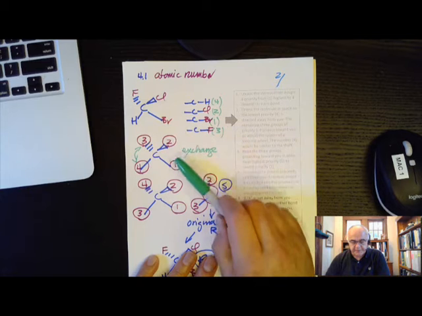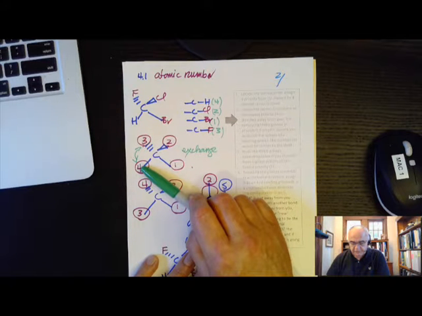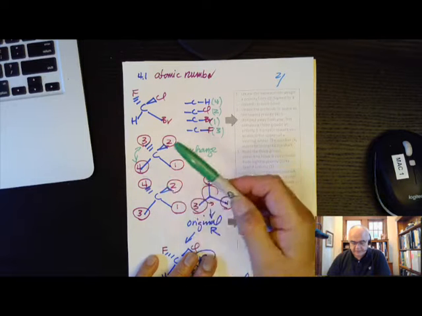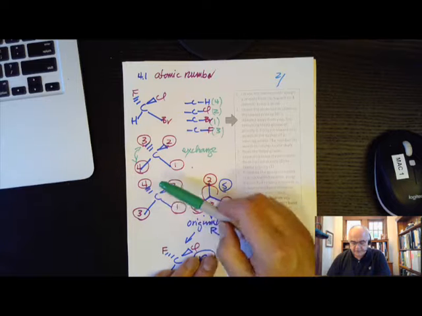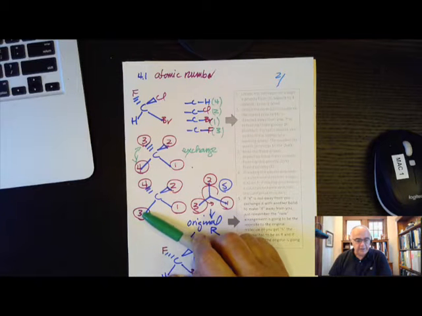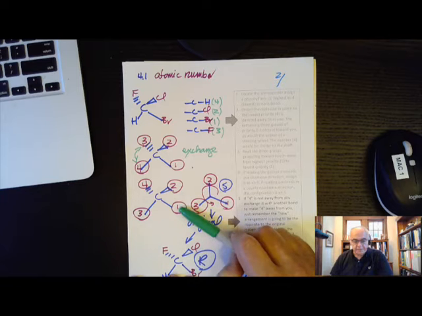We put the numbers there, 1, 2, 3, 4. So the rule and the easy thing to do is to exchange 4 with another number. So we're going to exchange it with 3 here, next to each other. So 4 now goes away from us, 3 is on the paper, 2 is coming toward us, and 1 is on the paper.